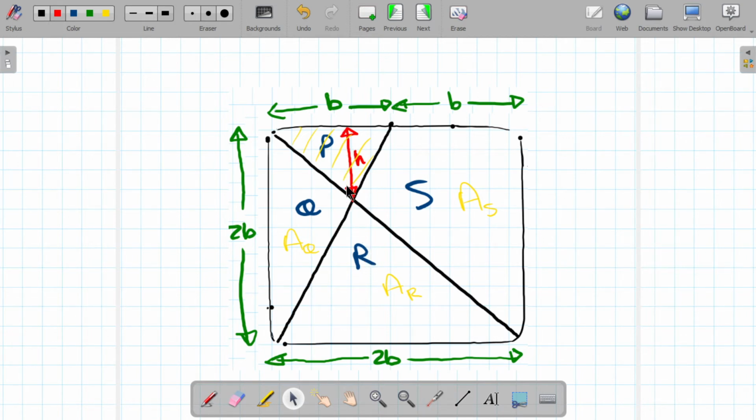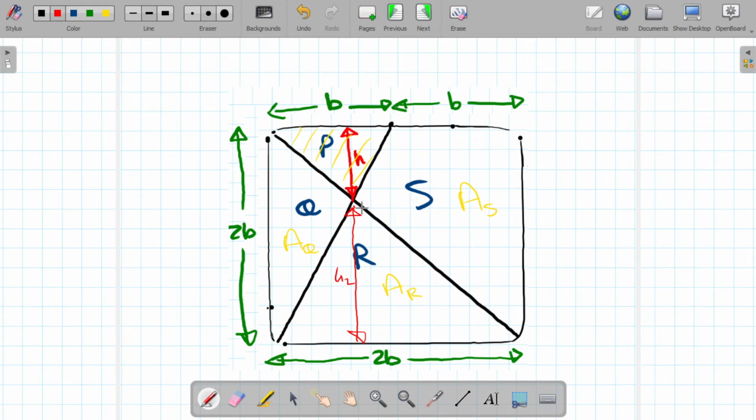Because clearly this height is not the same as this height. We'll just draw that in red. This area is due to H2. Right, okay, so H2 is clearly not the same as that height.